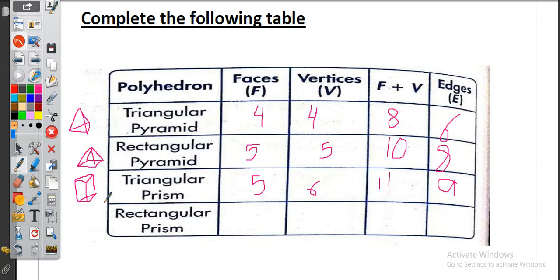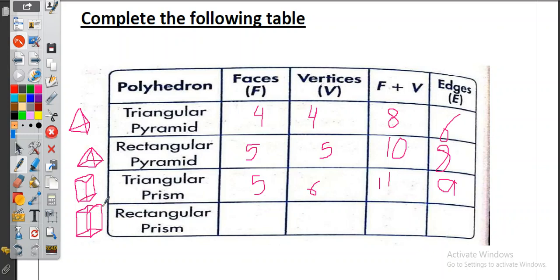So finally, the rectangular prism is like a tissue box. Here I have the rectangular prism. How many faces does it have?